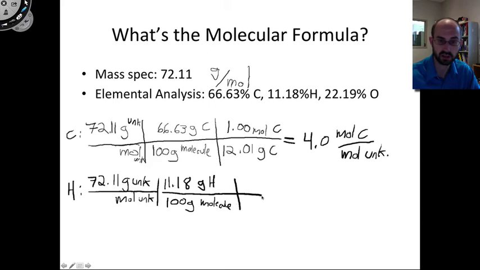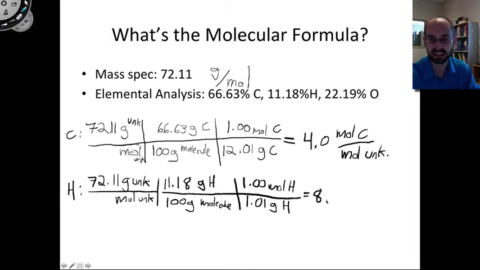And we have 1 mole of hydrogen per, check the periodic table, 1.01 grams of hydrogen. Plug that all out, and you get 8 moles of H per mole of unknown.